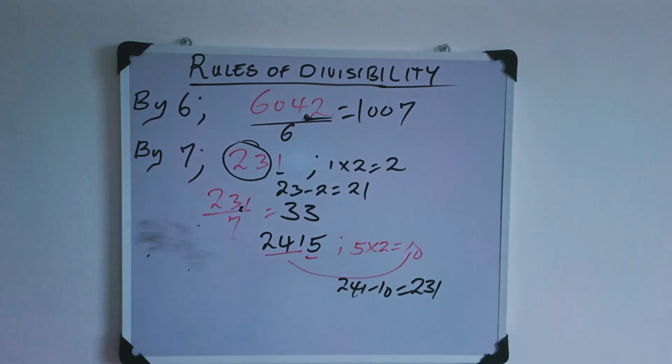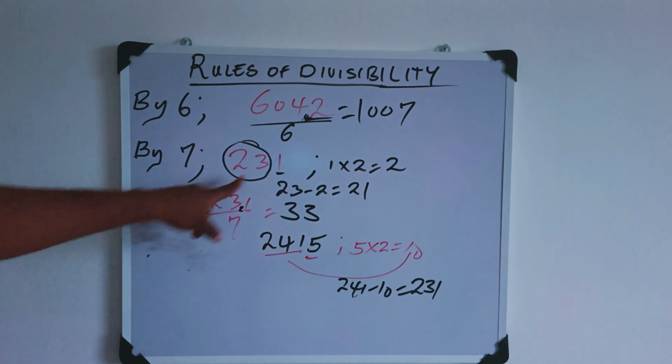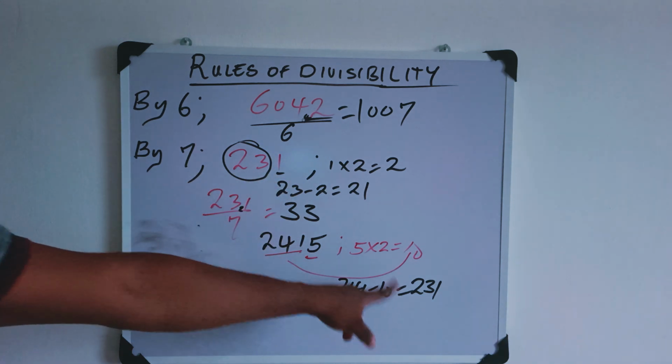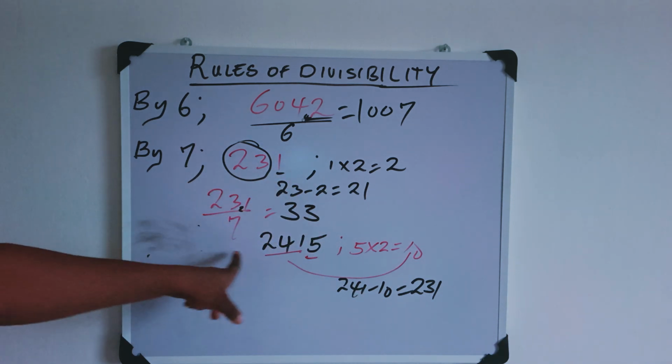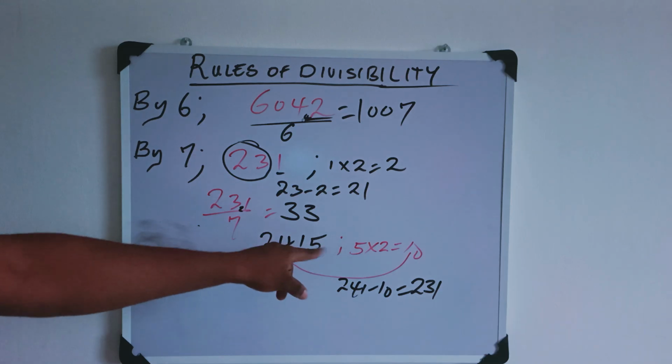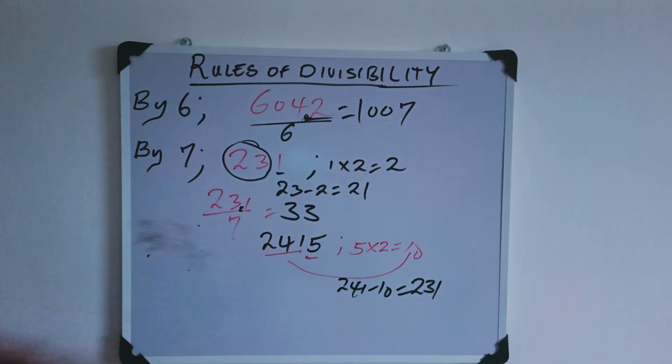Now, is 231 divisible by 7? We proved it here. So since 231 is divisible by 7, that means 2415 is divisible by 7.